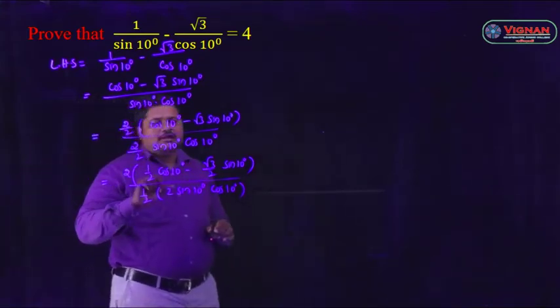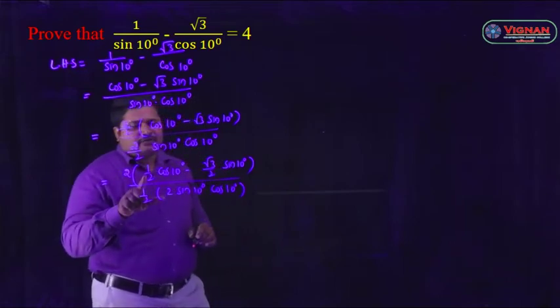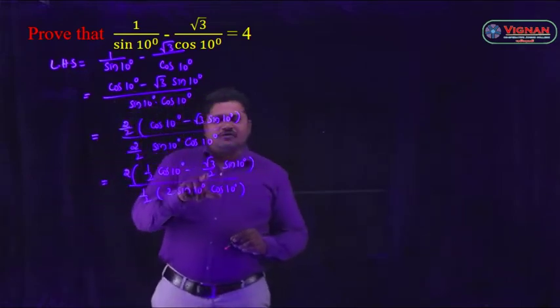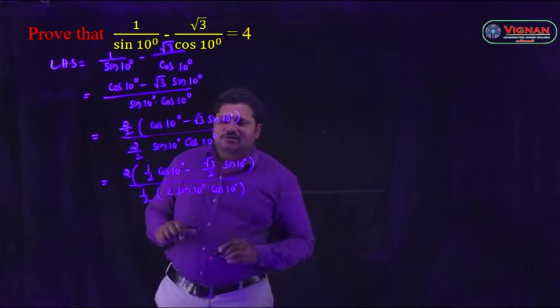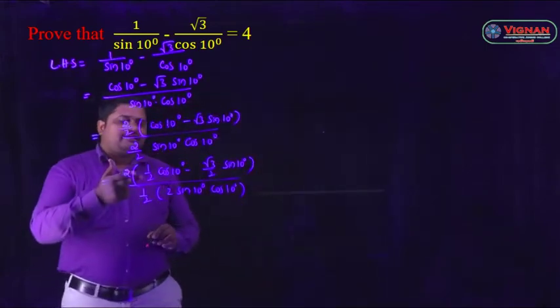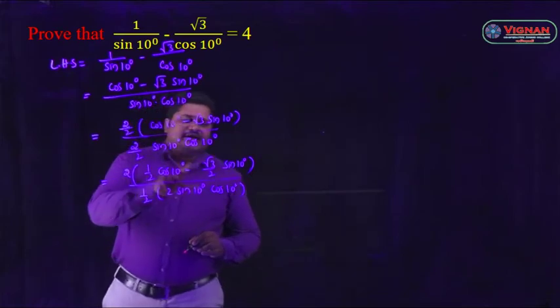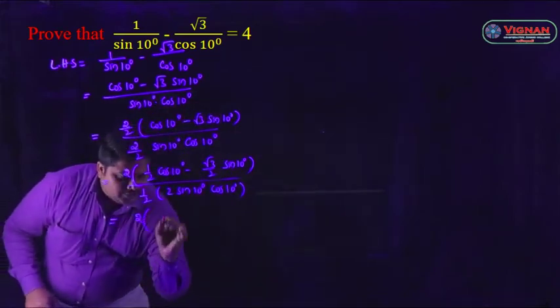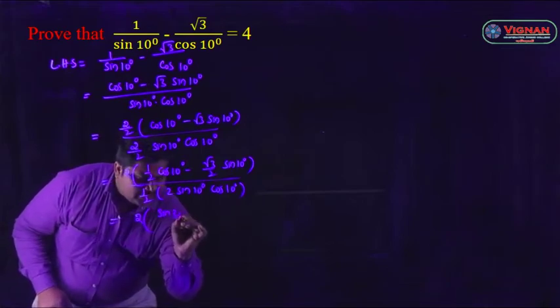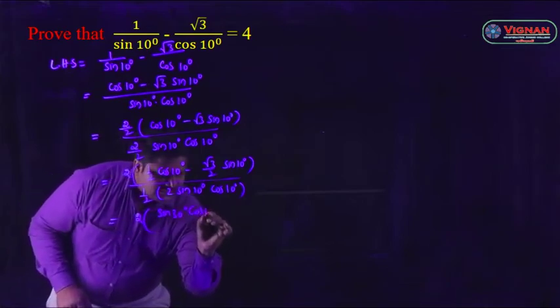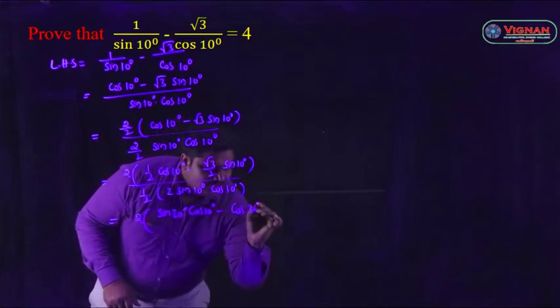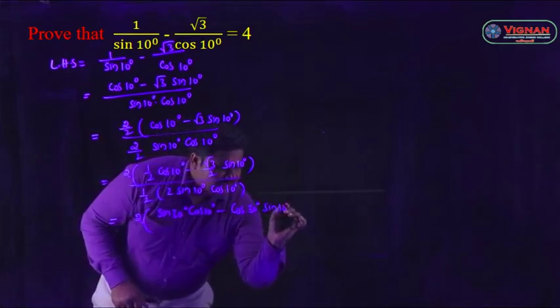The value of 1 by 2 is sin 30, and the value of cos 30 is root 3 by 2. So we can write 2 into sin 30 degree into cos 10 degree minus cos 30 degree into sin 10 degree.